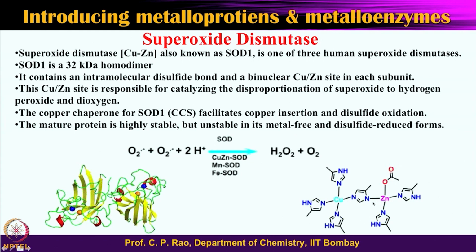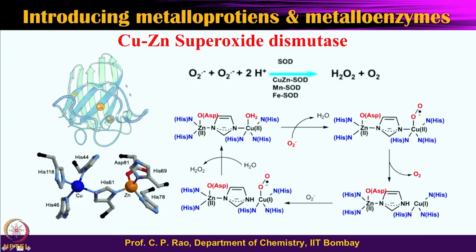The bridging is nothing but imidazole, one nitrogen towards the copper, the other nitrogen towards the zinc. So these two are well connected, this is the histidine imidazole bridge between the two centers. This is the zinc center, this is the copper center; copper is the catalytic center, zinc is the structural center. The structural center can be replaced by other kinds of ions, but the catalytic center cannot be spared.